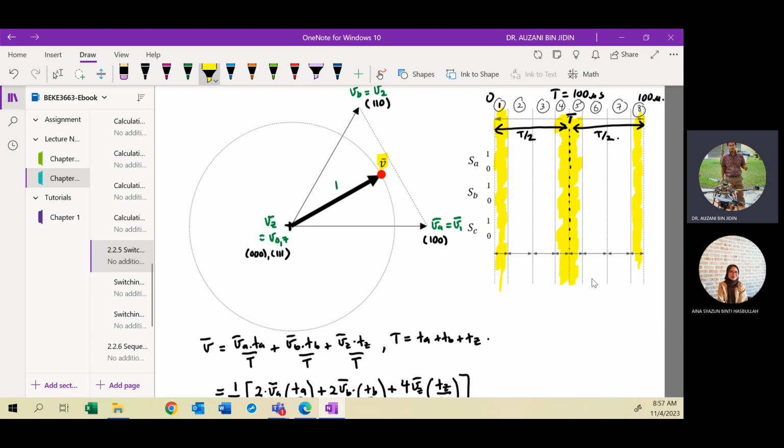This is the technique, sorry, the principle. So for intervals 1, 4, 5, and 8, you have to choose the zero vector. This selection you need to apply for every sector, sector number 1, 2, 3, 4, 5 until 6. It means at the beginning of the sampling period, here must be V0, right?